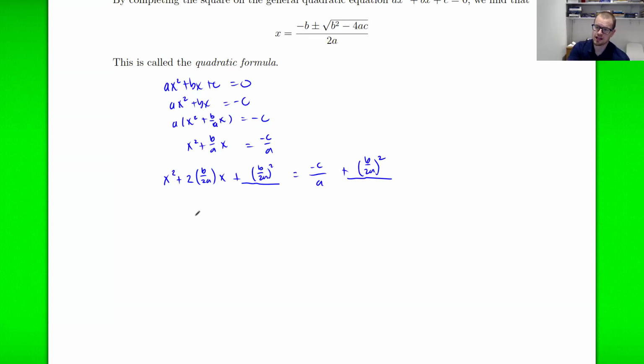The left-hand side I can now recognize as x plus b over 2a being squared. And the right-hand side, it'd be nice to write this as a single fraction since I'm going to take the square root of both sides. B over 2a being squared is going to give us b squared over 4a squared. I would like to add the two fractions, so I need to introduce a factor of 4, and I need to introduce an additional factor of a.